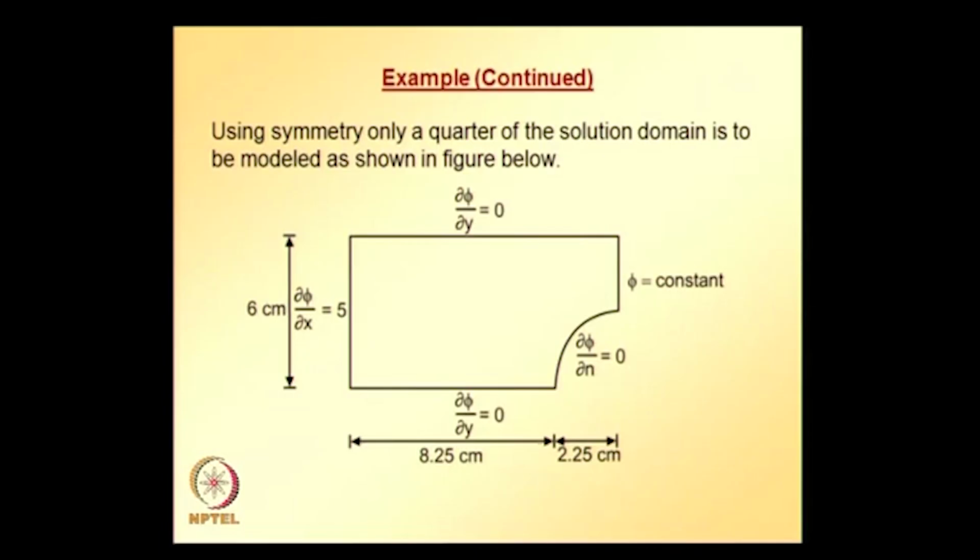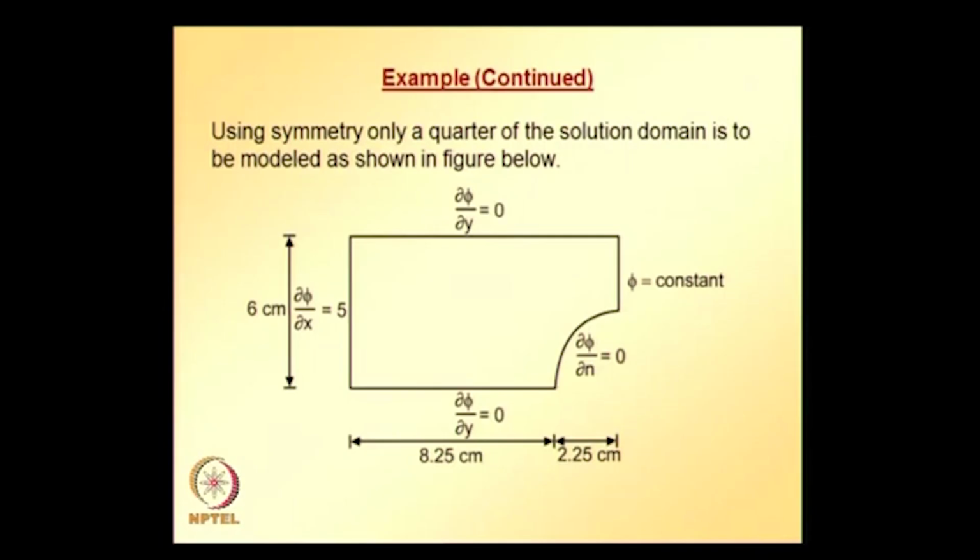The boundary condition on the right vertical face is that potential is equal to 0, or potential is equal to constant, because of symmetry. For the numerical solutions, a value of 50 is assigned to the potential phi along this face.